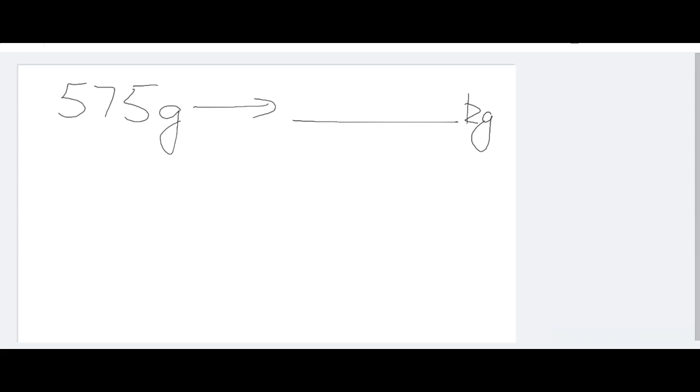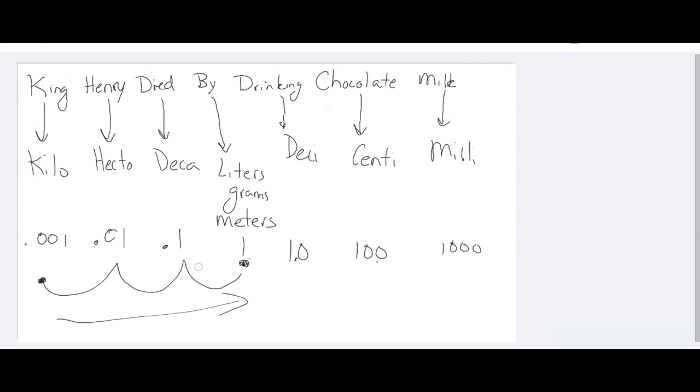Let's see if you can do one really quickly. What I want you to do is convert 570 grams into kilograms. If what you did was you went back to the table and you said, I'm starting at grams, and I'm going to kilograms.